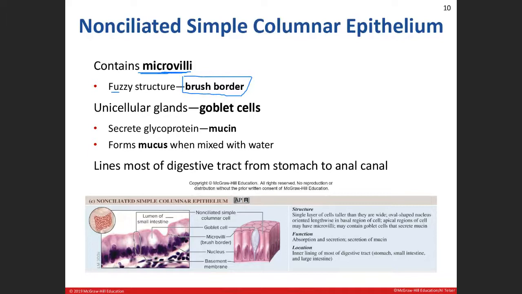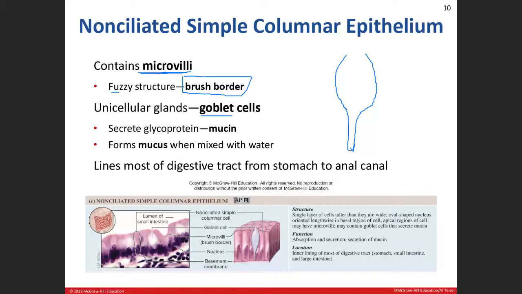In this type of epithelium, we actually see what we call a unicellular gland. It's one single cell that has gland-like properties. It secretes stuff. It makes stuff. This type of gland is called a goblet cell, like the glass. It's got this big bulbous part, and then part of it gets really small and skinny.